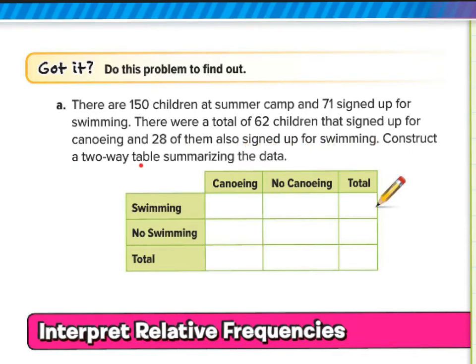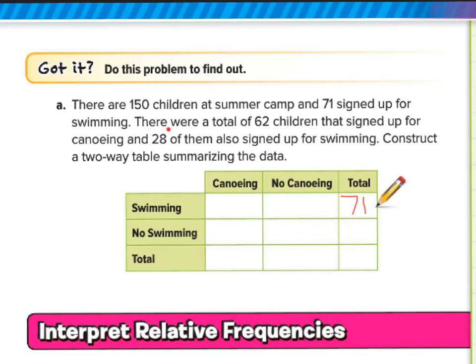Construct a two-way table summarizing the data. So, okay, wait a second. Here we have 71 signed up for swimming. Now I'm just going to write swimming here. I know that I have 71 of them in total, and that's my total because they're telling me, but then they break it down.